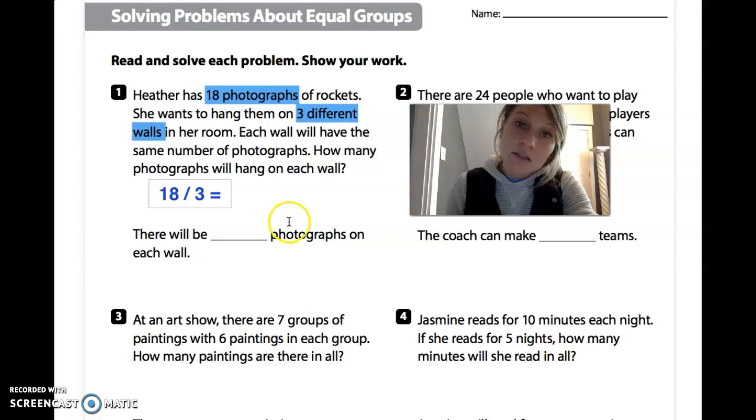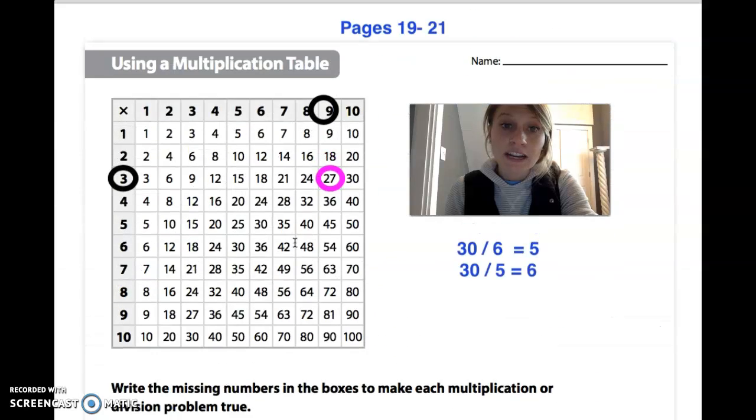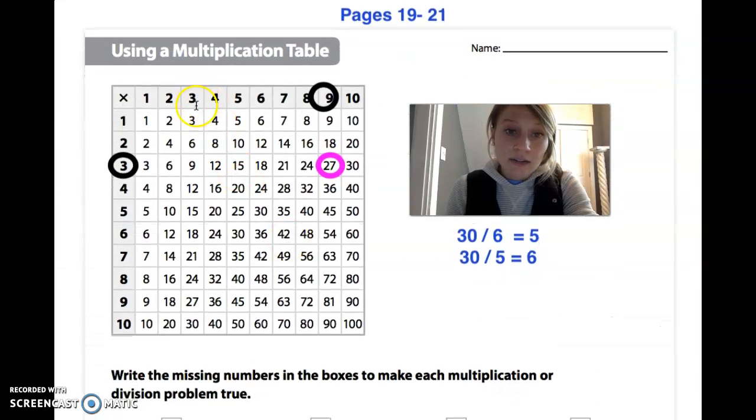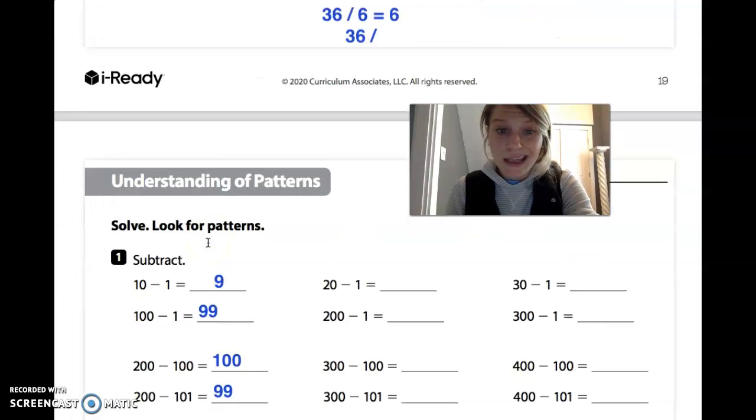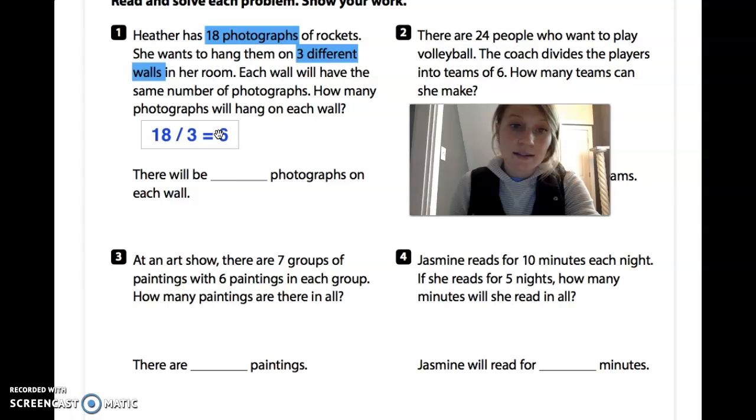So how many 3s go into 18? You can go to your multiplication chart, go to the 3s, go down till you see 18, right there, and go over. So it's 6. 18 divided by 3 equals 6. There will be 6 photographs on each wall.